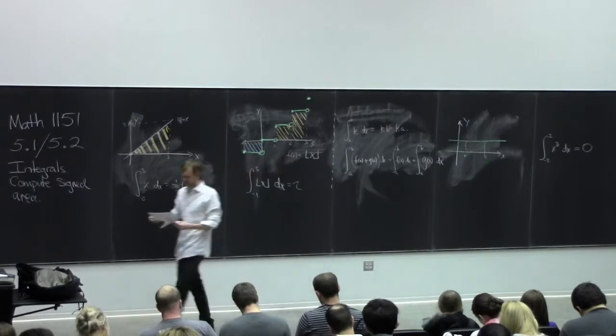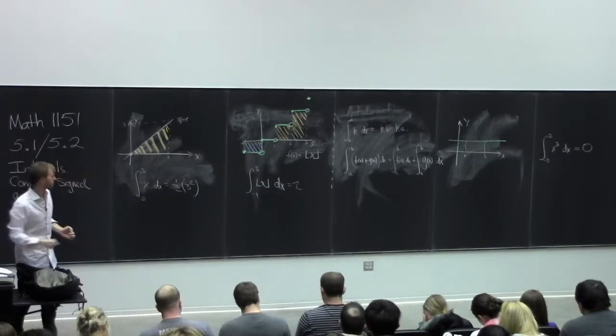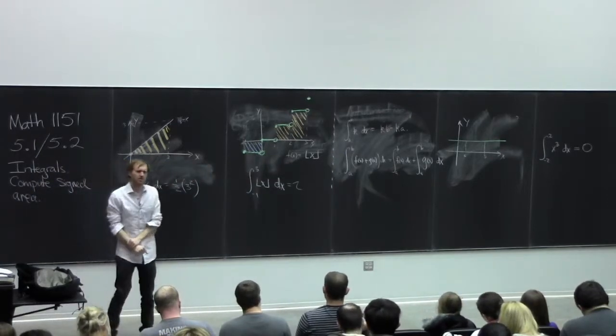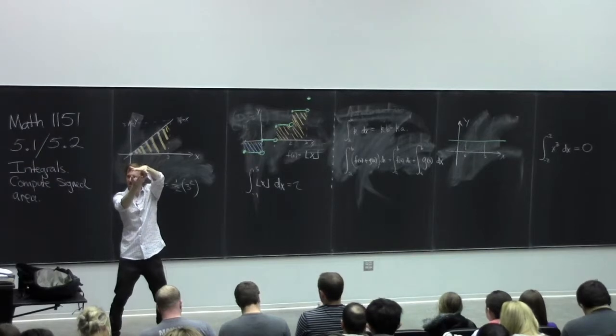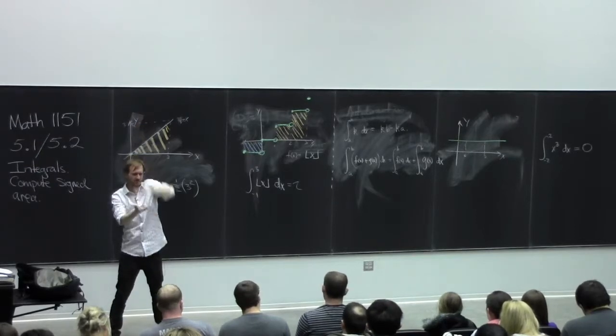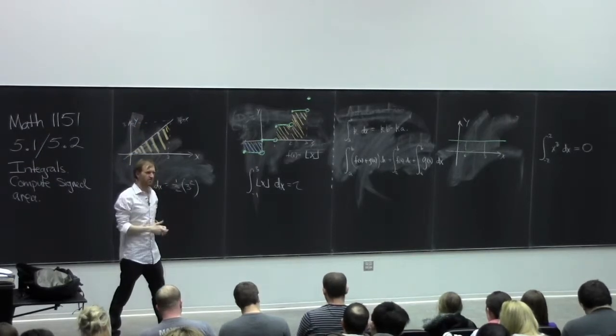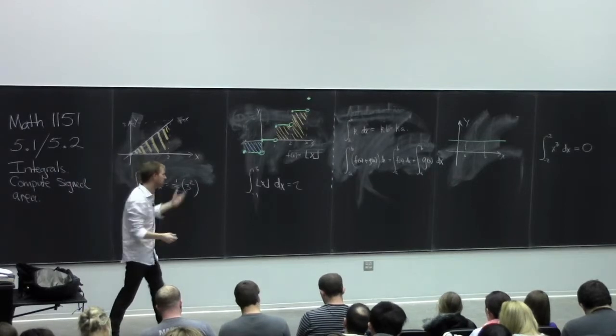This is more difficult. But the idea is, if you have a function this high, you compute its area, and if you add some function, it just makes it that much higher, giving you that much more area. I'm not going to say any more about this.